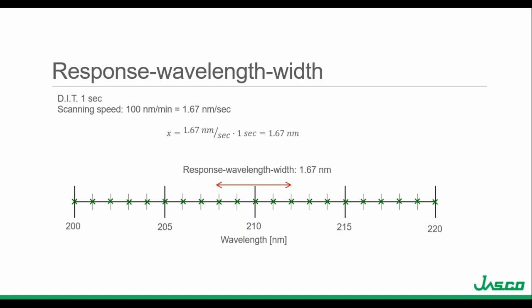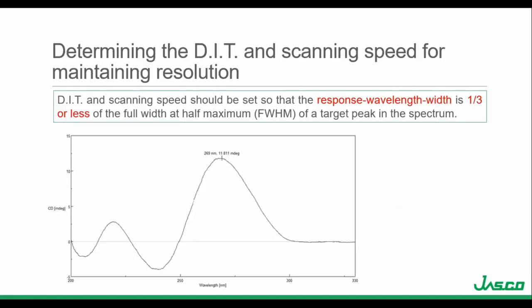So in this example, if we're looking at the photometric value at 210 nanometers, it's going to be the average of the signal between 208.3 and 211.7 nanometers, because I added and subtracted 1.67 nanometers to the 210 nanometer wavelength we're looking at. So how do you determine what digital integration time and scanning speed to use so that you don't average over any data?